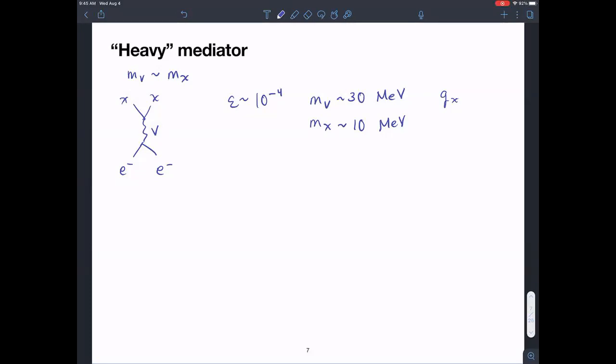Another constraint that I don't want to get too much into is the self-interaction constraints like this. That will lead to constraints on g_chi, and you can check that this satisfies that.